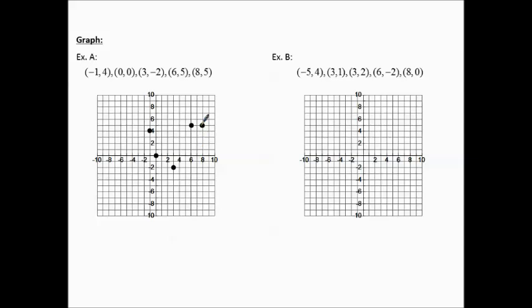Now to determine if it's a function on a graph, I want to use my vertical line test. What I'm going to do is draw a vertical line. Remember, a vertical line is up and down. I want to draw a vertical line through all of my points.